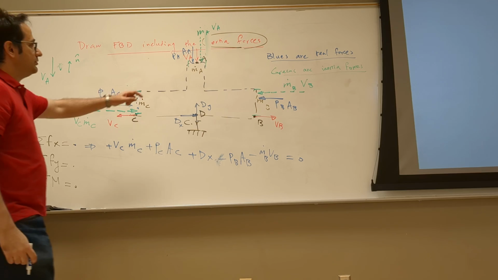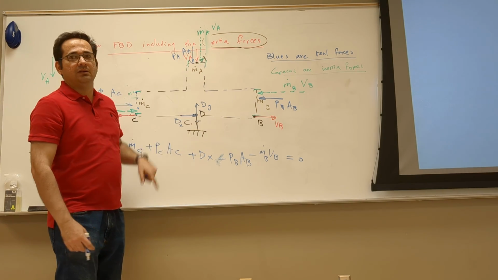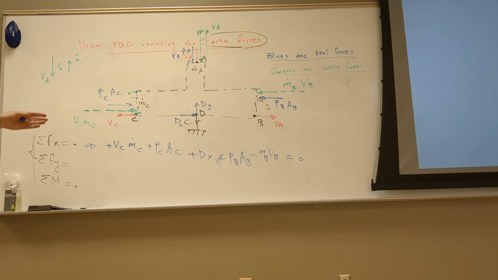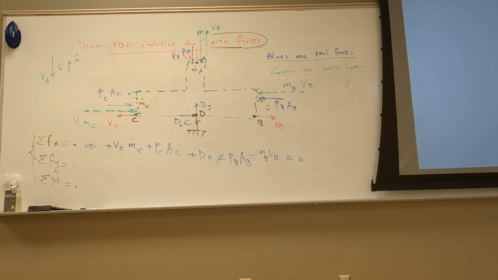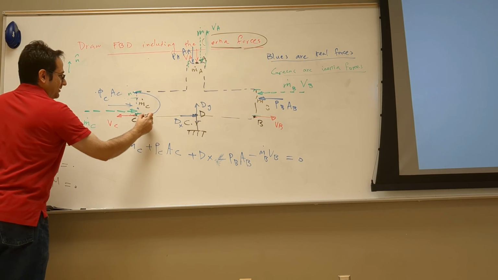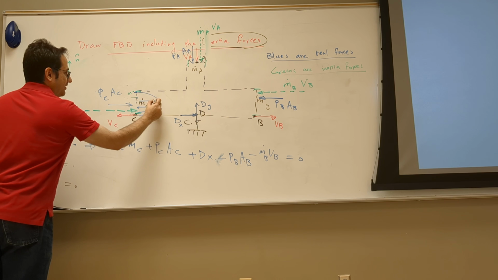Do I get any contribution from these two? No, they're in the y direction. Guys, isn't that exactly vector statics? Because you have all the forces on the FBD. You don't need to think about surface integral, volume integral. But look, what if I had a parabolic profile, not constant?